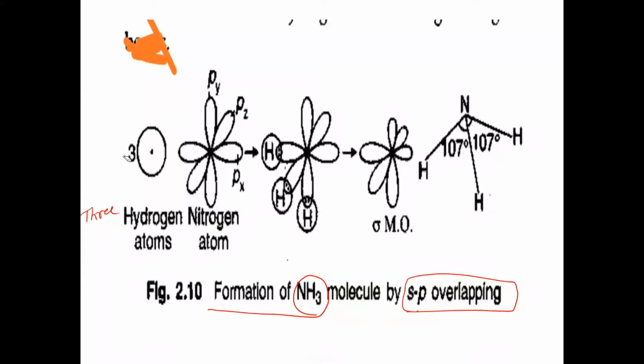So here 3 indicates 3 hydrogen atoms. S orbitals of hydrogen and how many p orbitals of nitrogen? 3 p orbitals: 2px, 2py, 2pz. Tell me the nitrogen electronic configuration: 1s2, 2s2, 2p3.